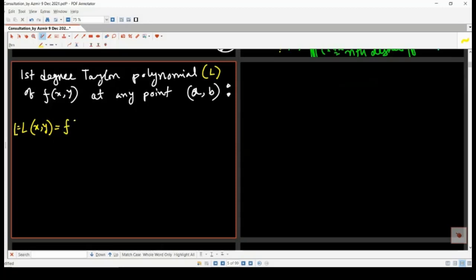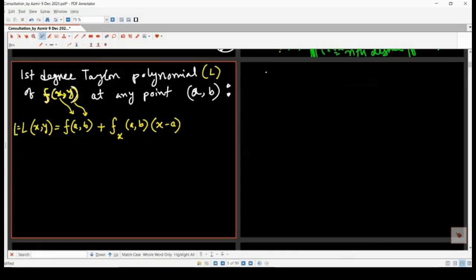So L of x comma y equals, the first term will be f of a comma b. That means if you have f of x comma y, where you have x and y, you just need to replace them by a and b, then you will get f of a comma b. Then the next term will be f sub x of a comma b times x minus a. So now what is f sub x?